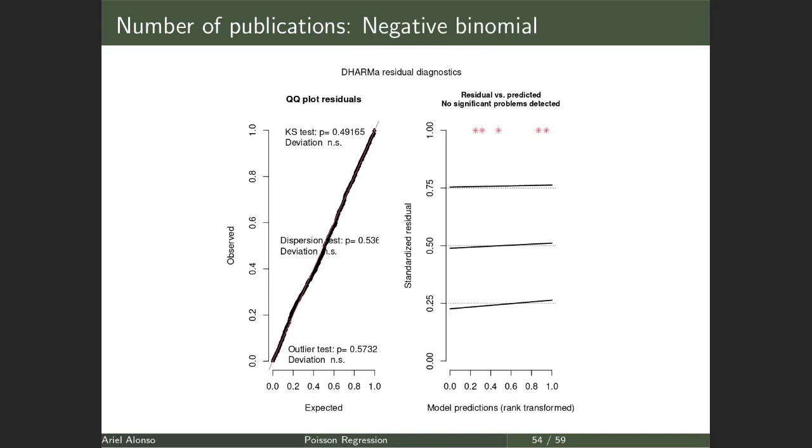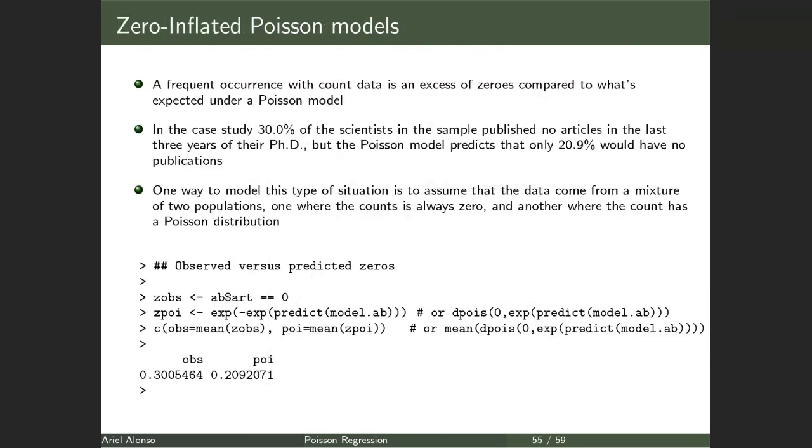And if you look now at the residuals in the way we defined them, here is the Kolmogorov-Smirnov test comparing the residuals with the uniform distribution. That looks pretty nice to me. Here you have now this test for the quantiles. No problems are detected. It looks pretty fine to me. So the negative binomial model seems to be doing a good job.